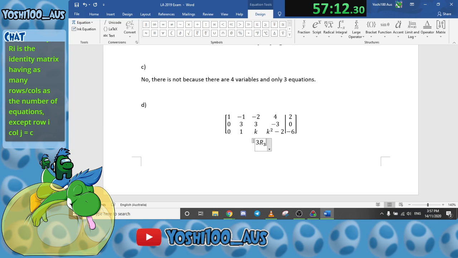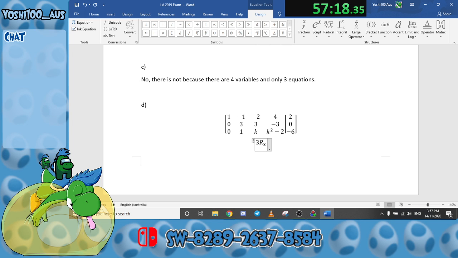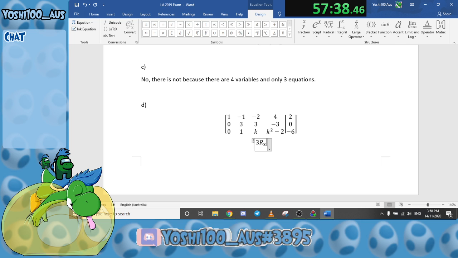This is the identity matrix having as many rows and columns as the number of equations.